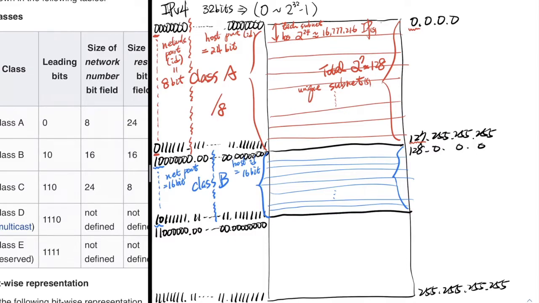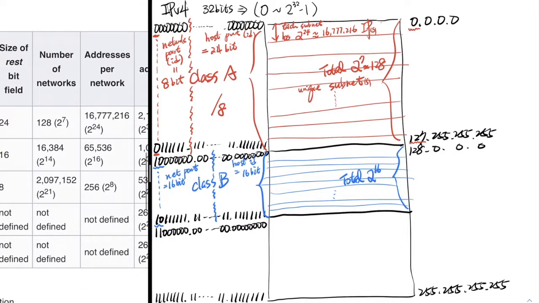As we can see, the network part in class B is defined as 16 bits, however the first 2 bits are all the same in class B, that is, its leading bits are 1, 0. So we have only 14 bits that can be used to represent the network part uniquely. So in total we have 2 power 14.